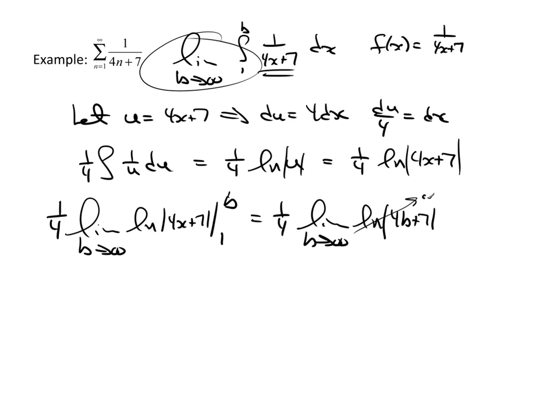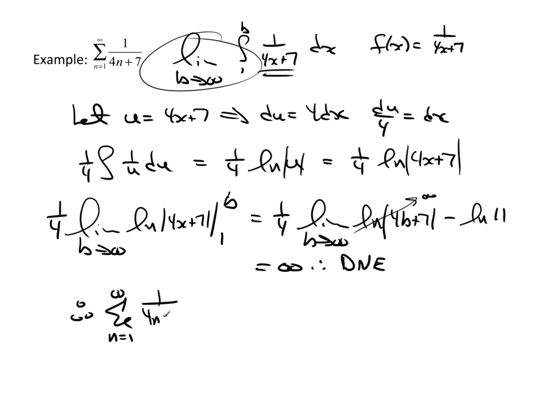Clearly that goes to infinity, minus ln of, at 1, this is 4 plus 7, so this is ln 11. Who cares what ln 11 is? It's infinite, which equals infinity. Therefore, it does not exist. Therefore, the sum n equals 1 to infinity of 1 over 4n plus 7 is divergent by the integral test.